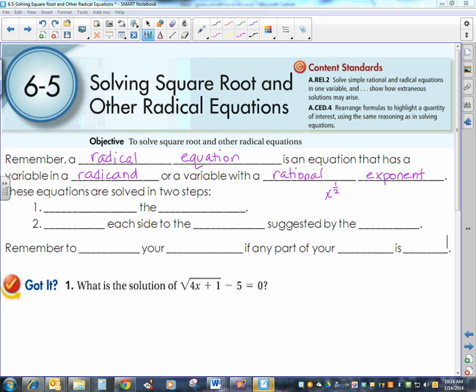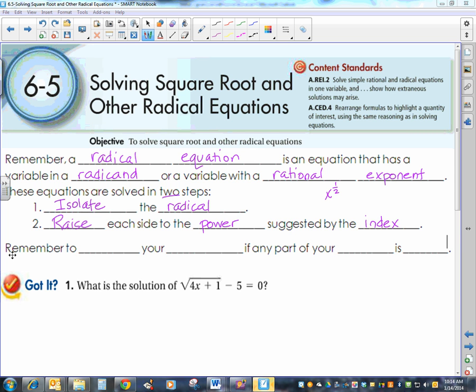Okay, we have two main steps that you want to remember when you're solving these equations. First, you want to isolate the radical. Then you want to raise each side to the power suggested by the index.